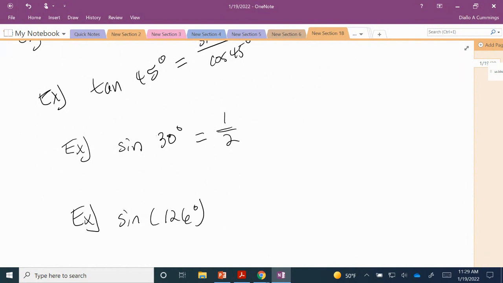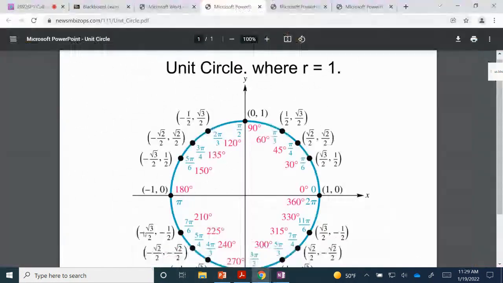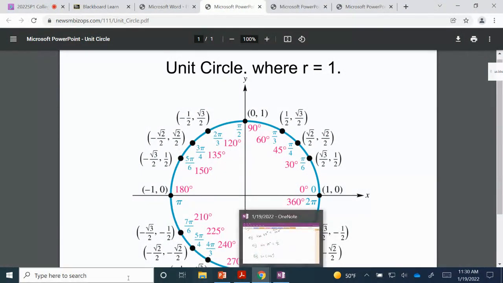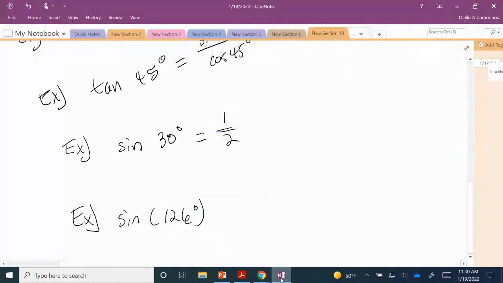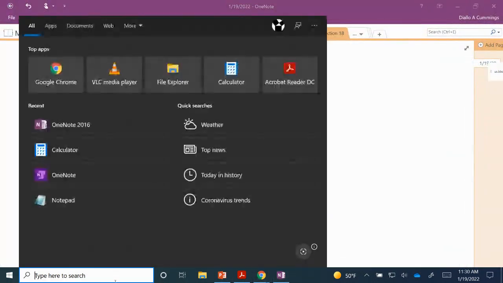But here we can clearly see, if we look at the unit circle, there is no 126-degree measure. It simply goes from 90 to 120 to 135. So how can we calculate the sine of 126 degrees?